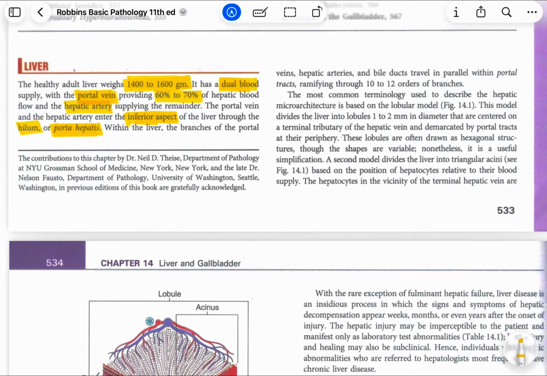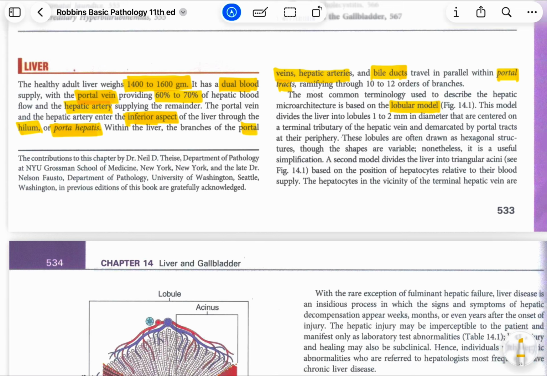Then within the liver, the branches of the portal vein, hepatic artery and bile duct travel in parallel within the portal tracts, which ramify through 10 to 12 orders of branches. The most common terminology used to describe the hepatic microarchitecture is based on the lobular model, which we're going to see in a while.